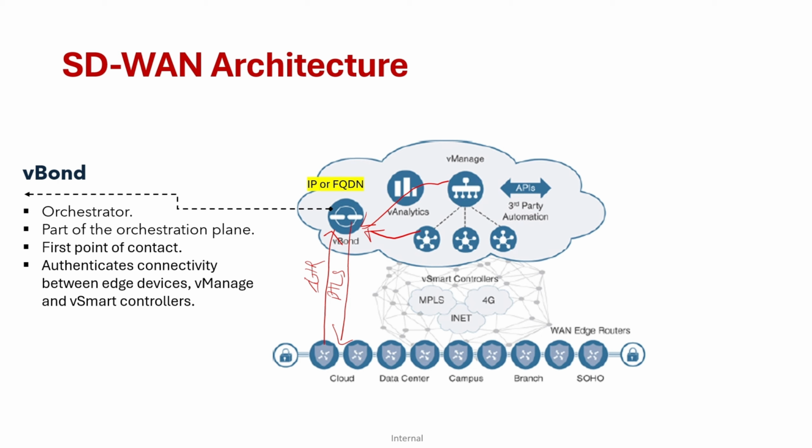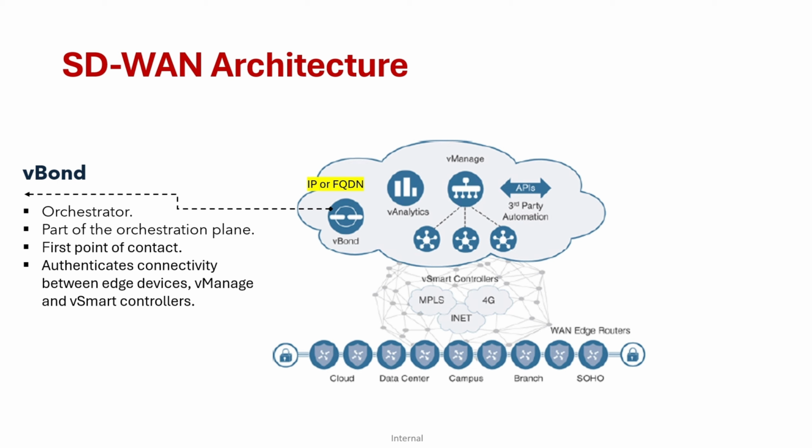Once this information is provided, it will tear down the tunnel, and the WAN edge device will form a direct DTLS tunnel with the controller for further communication. So this is how the Vbond works. This is just a high level overview, because we're not going into details. These were the main functions of the Vbond.